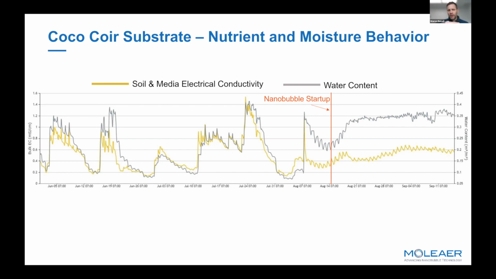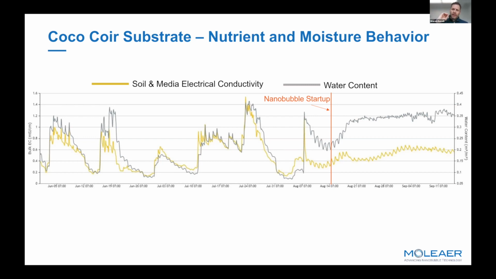You can see the two lines, the gold being the conductivity, i.e. the nutrient salts, and gray being the water content. You can see them trend very closely together as the irrigation system is turned on and off and nutrients are applied. And then when we start the nanobubble generator and introduce oxygen nanobubbles into the irrigation water, you see that behavior change quite significantly.